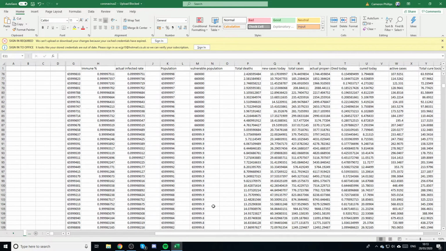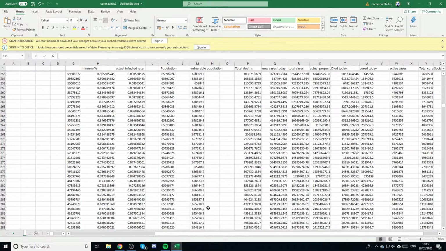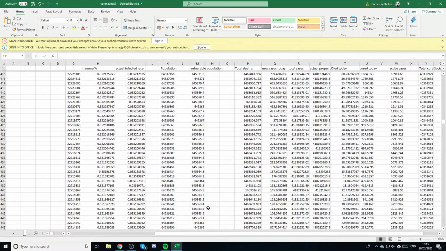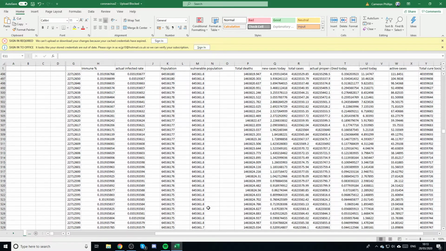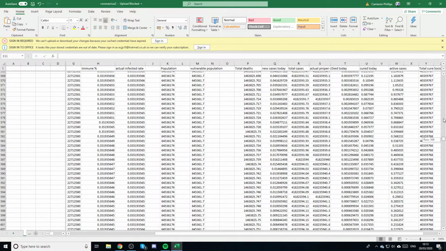Because with this model, even with the herd immunity, we get down to 64 million people. We lose 1.5 million people.